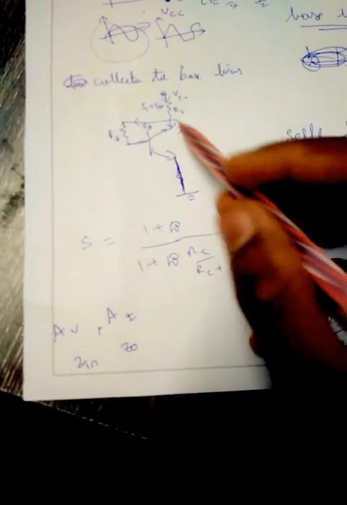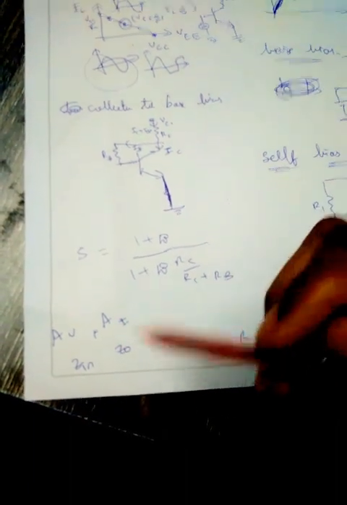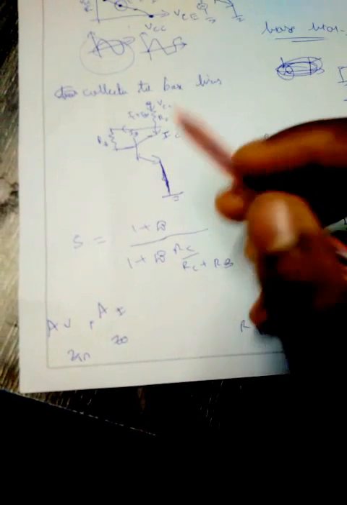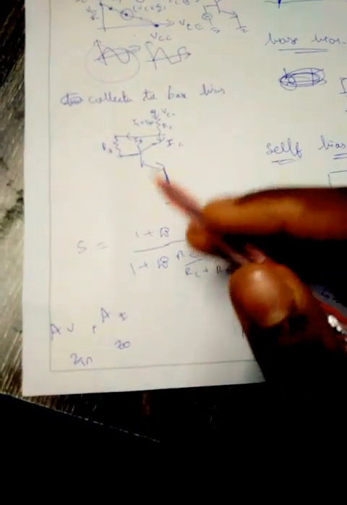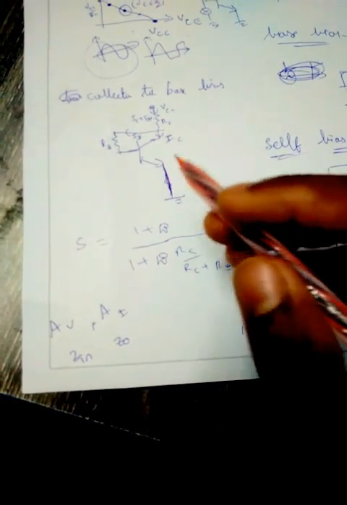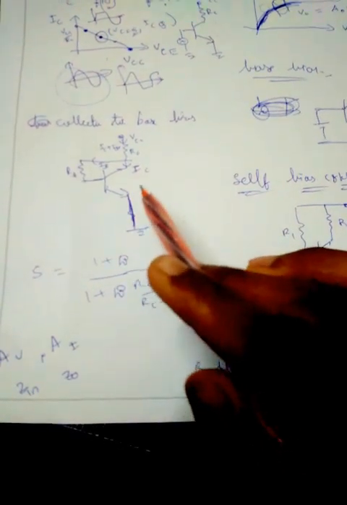By looking at the normal transistor, we cannot calculate these things, but we convert the transistor into an equivalent circuit whose operation will be similar to the transistor action, and the circuit will consist of elements like R, L, C, which we are very familiar with. Such a circuit is called the AC equivalent of a transistor.